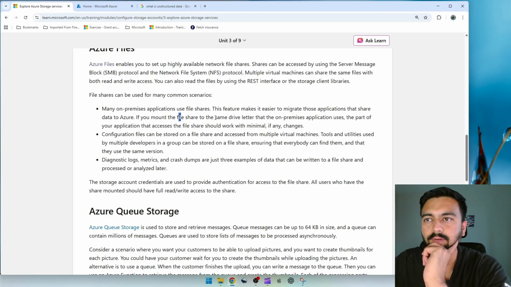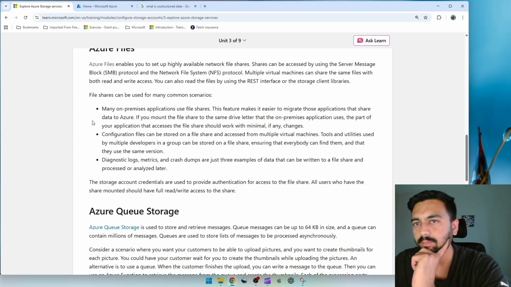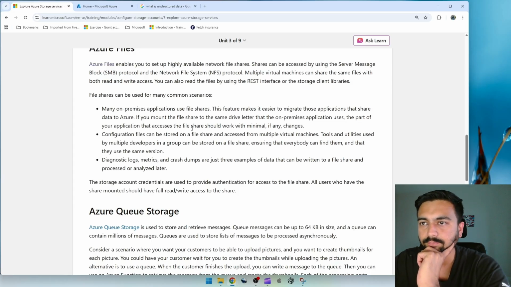If you mount the file share to the same drive letter that the on-prem application uses, the part of your application that accesses that file share should work with minimal, if any, changes.